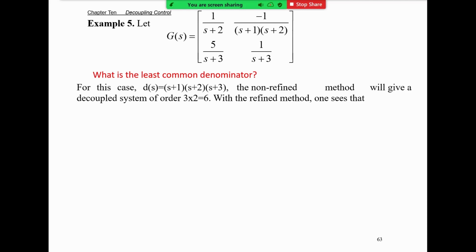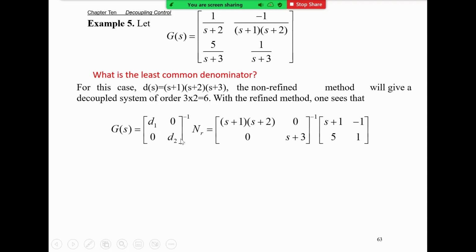So in this case, the common denominator is S plus 1 times S plus 2 times S plus 3. If I use the previous method, that will give me a system where each subsystem has a degree of 3. But there are 2 of them, so it's 3 times 2, the total degree will be 6. Let's try the second way and see whether we can get a simplified answer.